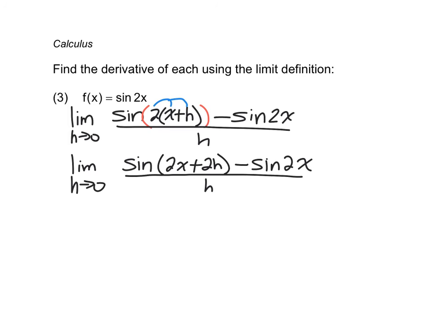Once you make that move, it becomes like the problem that we did on the previous page, where we have a sum of 2 components within the sine function. So now it's just a matter of applying the appropriate identity.